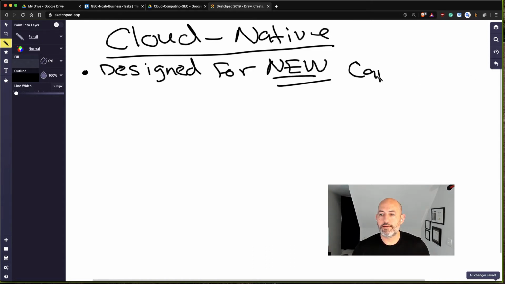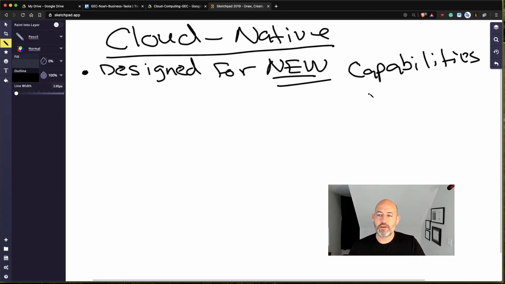A lot of times in software, and it's not a bad thing, you want to be efficient, and so you just bolt something on to what you did before because it's easy.